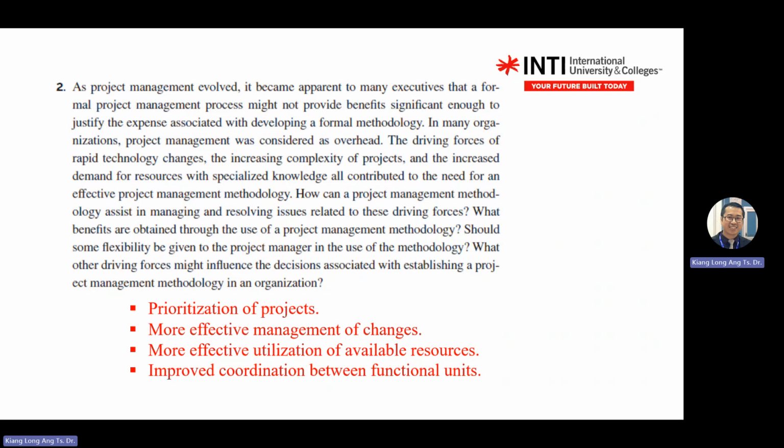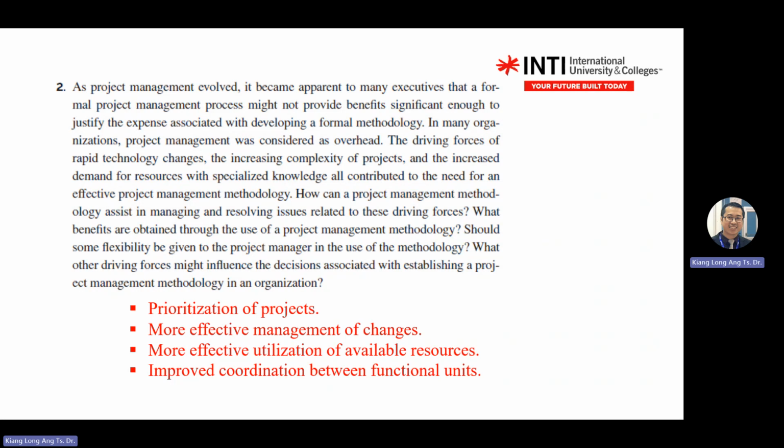So for this one, we expect to have 4 paragraphs. One paragraph, you elaborate based on prioritization. You give priority. You need to explain why, how, give an example, right? Then more effective management of changes, meaning you manage the changes.